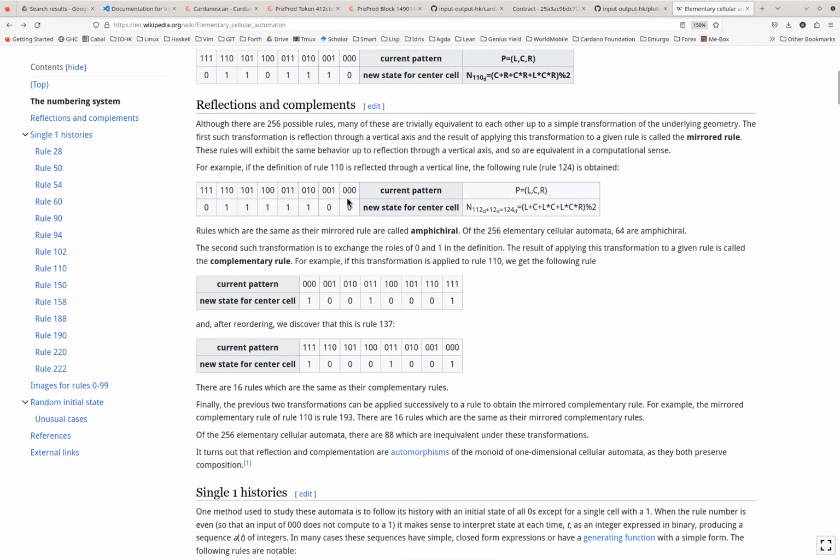So it's 1 and 2, 4, 8. That means in this case and in that case, it should be 1. Otherwise, it should be 0. I hope I got that right, but it doesn't matter, we can try it out.